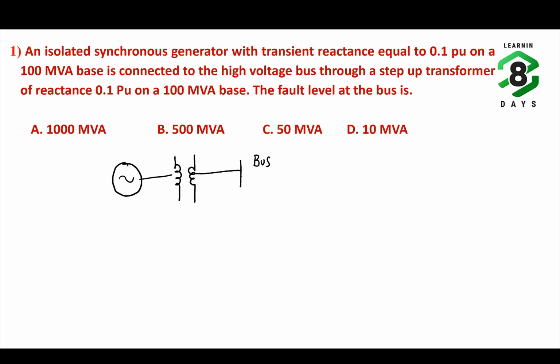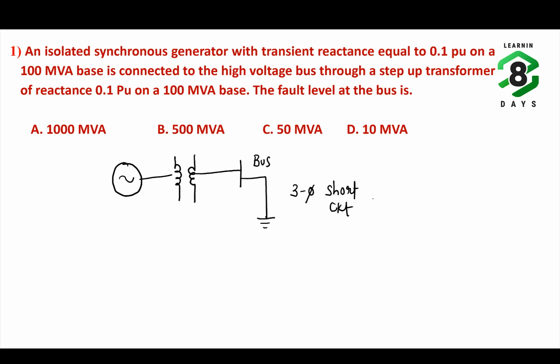So to calculate the fault level, we have to simulate a three-phase short circuit fault. Understand? So he has given the per unit value of the generator and the step-up transformer. Both values are 0.1 per unit on the same 100 MVA base.